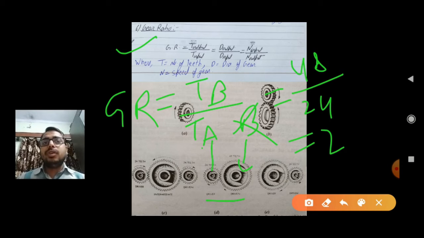Similarly, if the number of teeth in both gears is equal but the diameters are dissimilar, in terms of diameter the gear ratio is equal to the diameter of the output driven gear divided by the diameter of the input driver gear.